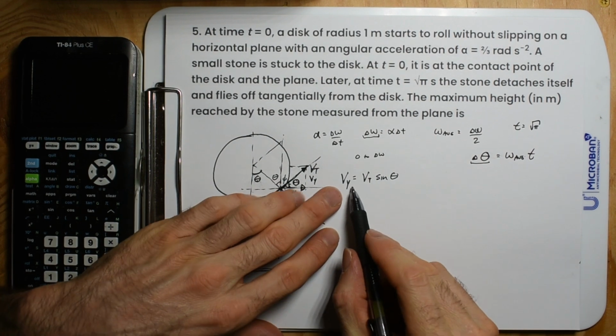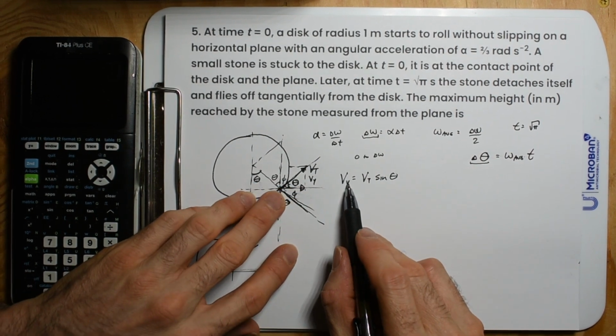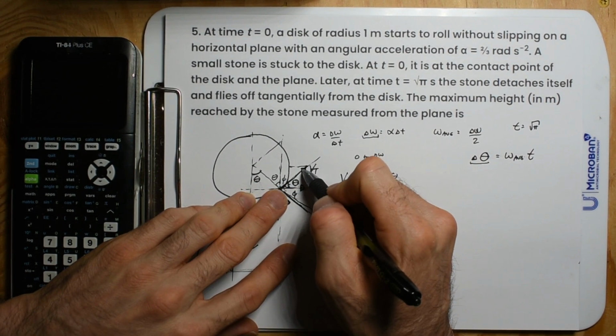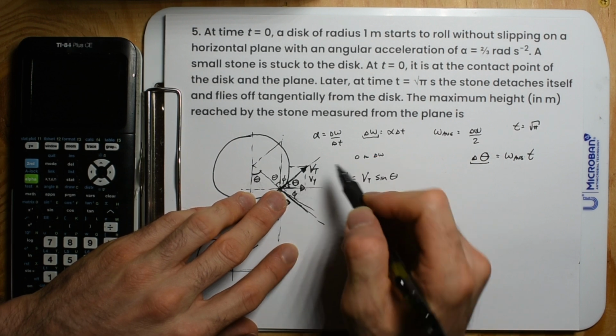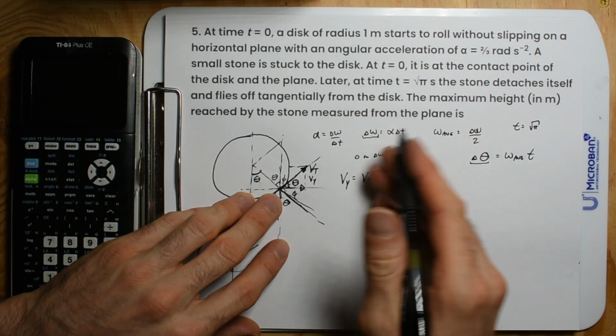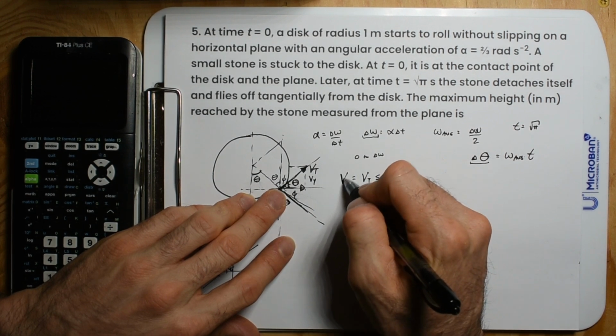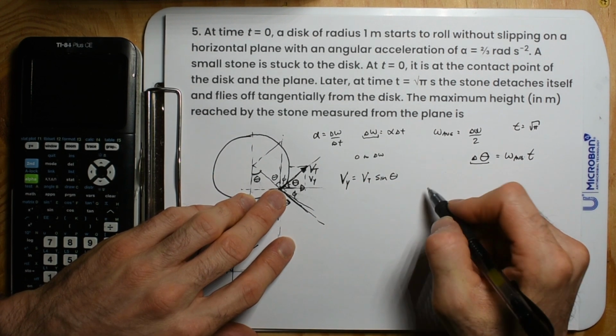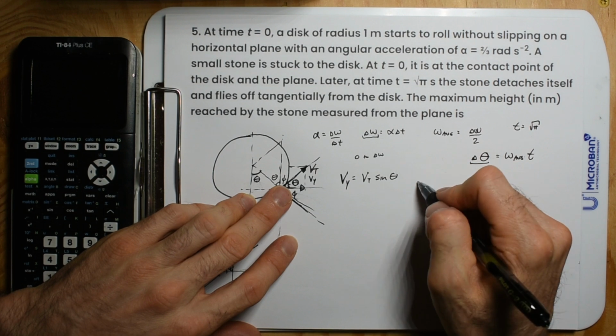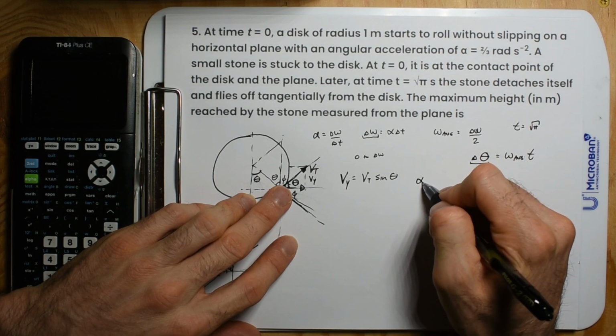Okay, and then once I get that, I actually just want to say, hey, that is going to be my velocity in the vertical direction.